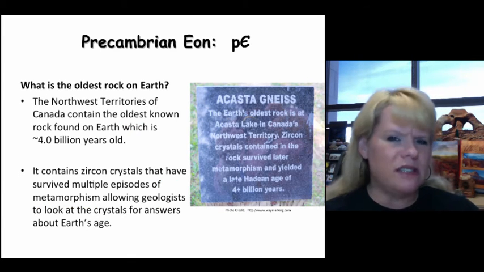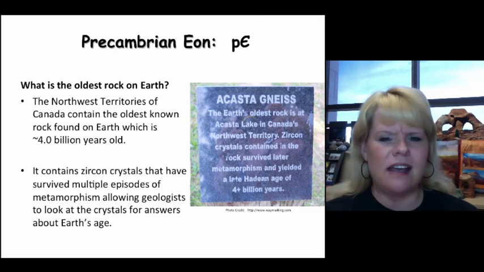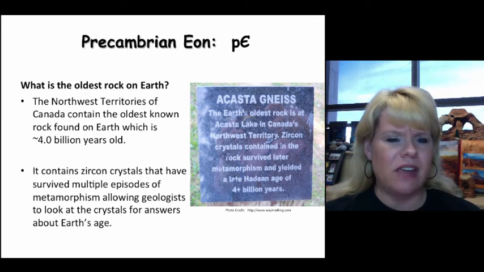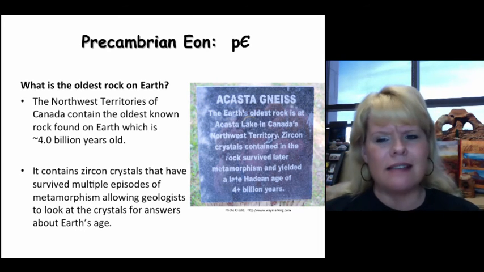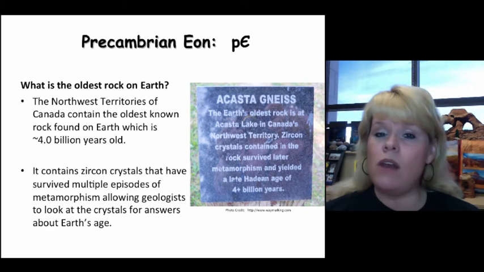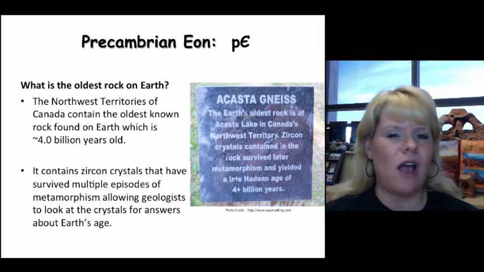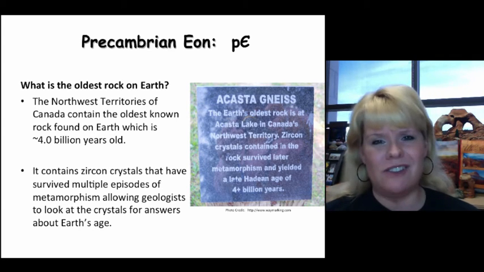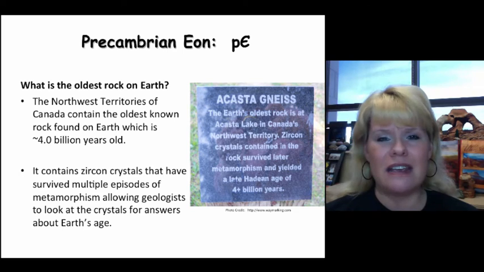In the Northwest Territories of Canada, the oldest known terrestrial rock has been found, and that dates at 4.0 billion-ish years old, the Acasta gneiss. And this is a very, very old rock. What is used in the rock to date are actual crystals that represent the initial cooling of the Earth from its Hadean heat.